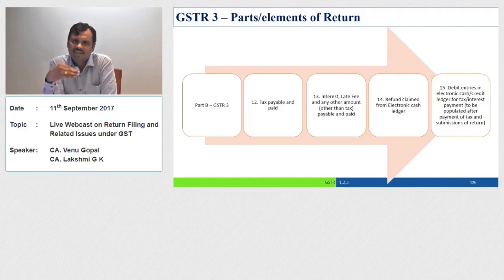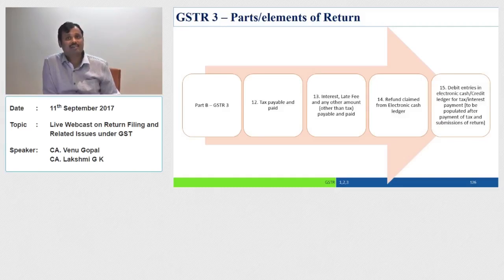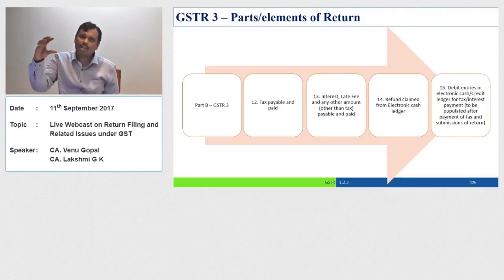Now, whenever you are filing your GSTR 1, which means you are crystallizing your output liability, which is equivalent to table 4 of your GSTR 3, move all the balances basis your GSTR 1 from your output ledgers to your liability ledger.